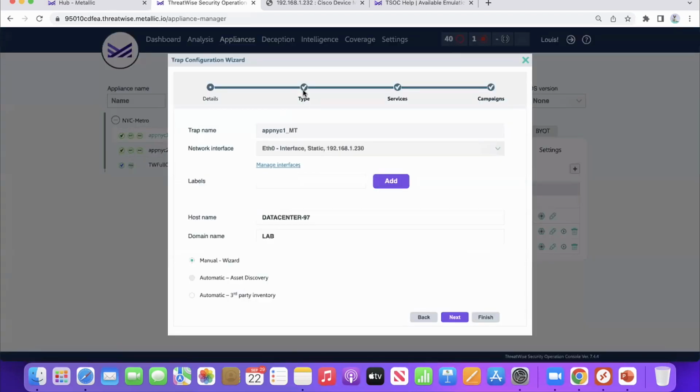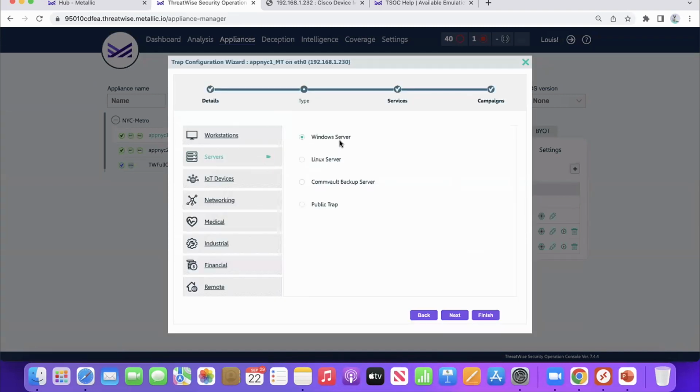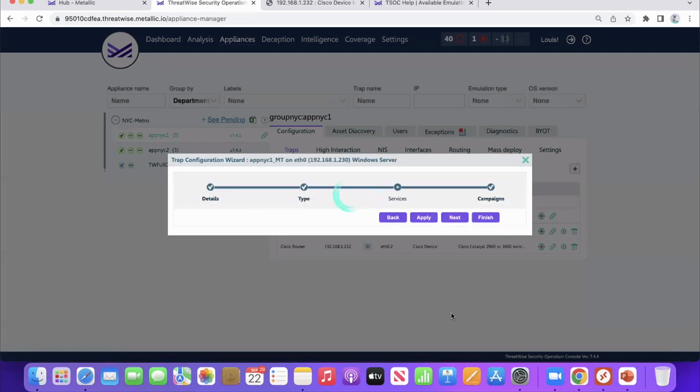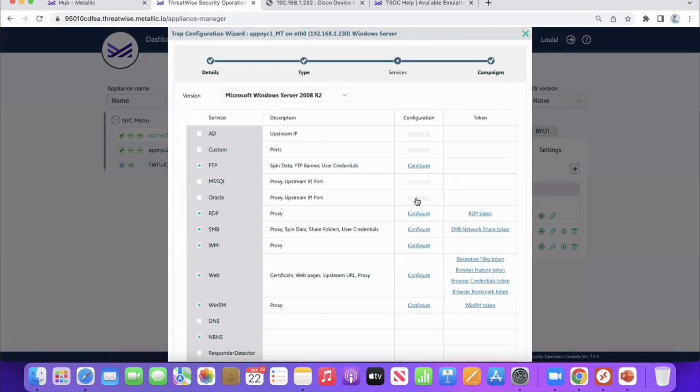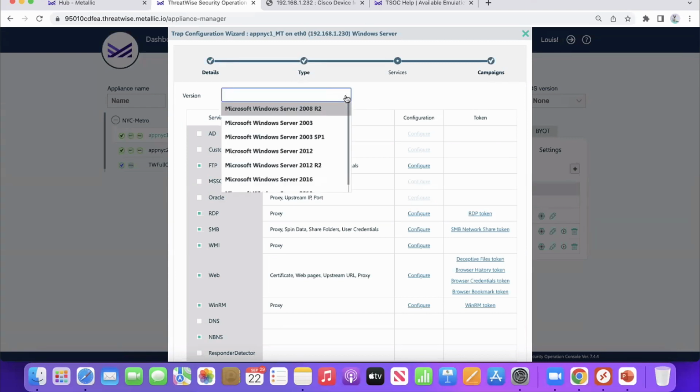So let's say in this particular case, I pick a Windows server. Keep it simple. I'm going to click next. Well, then we have to decide what kind of Windows server we want. Do we want a 2003, an 8, 12, 16, 19? What do you want? We have the capability and the granularity to behave like pretty much anything in any enterprise network.